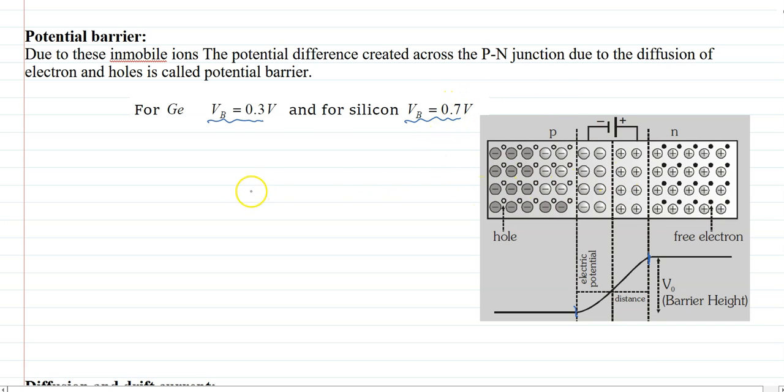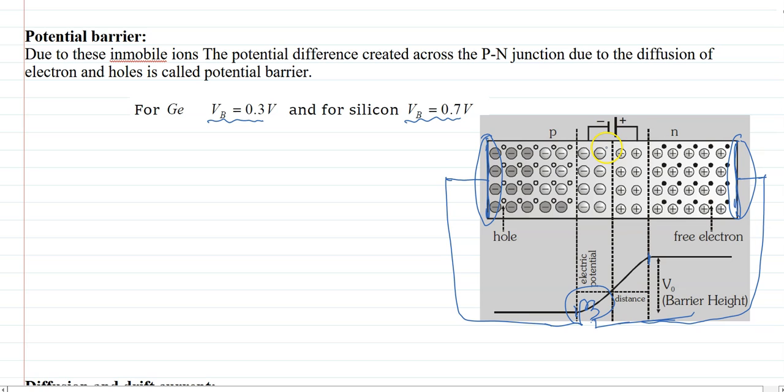So as we have a barrier potential difference, if we connect a bulb here, will the bulb glow or not? It will not glow, because there is a metal-semiconductor junction on both the p type and n type sides, and at this junction a reverse potential barrier occurs here and here.